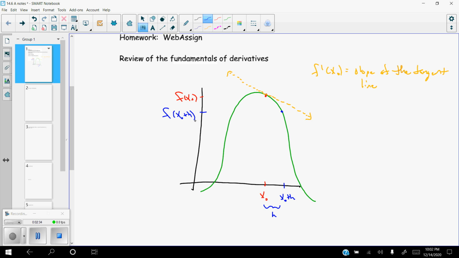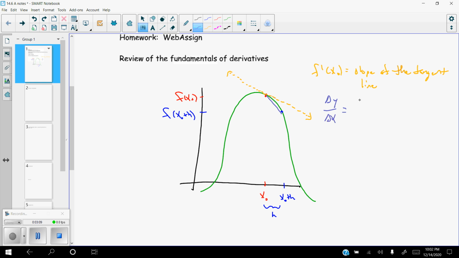If we were to find the change of y over the change of x between those 2 points, then the change of y over the change of x is y2 minus y1 over x2 minus x1.